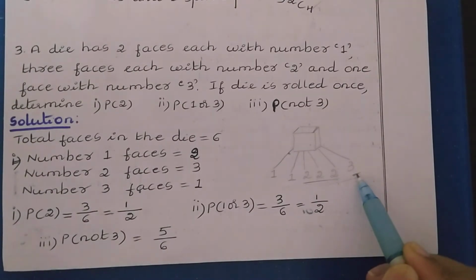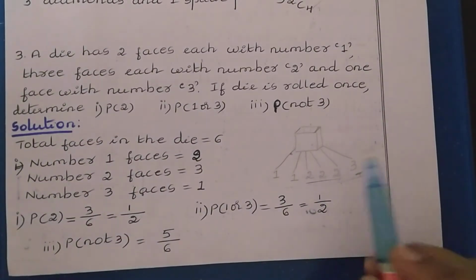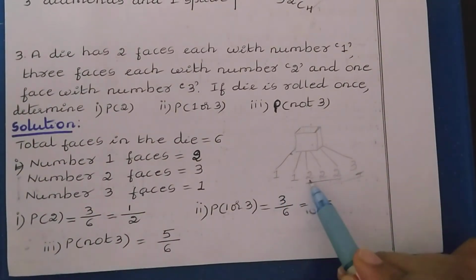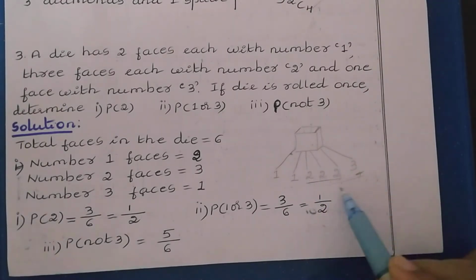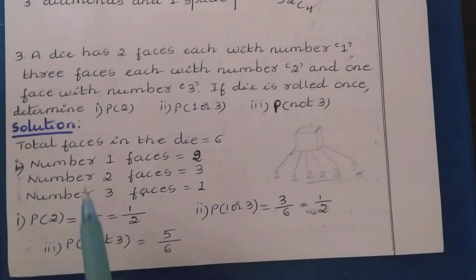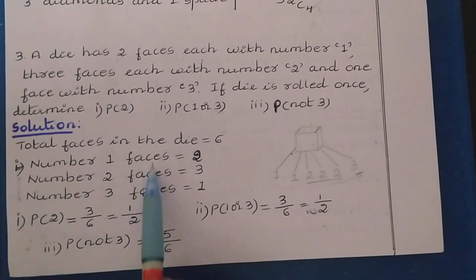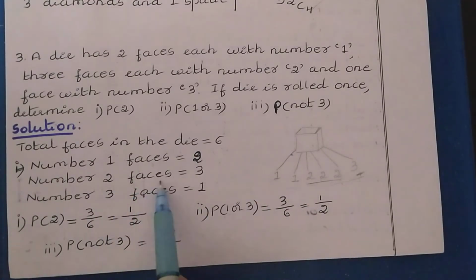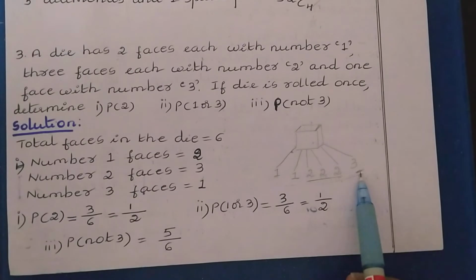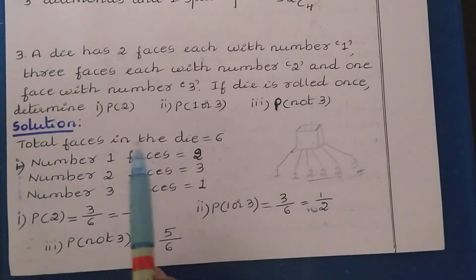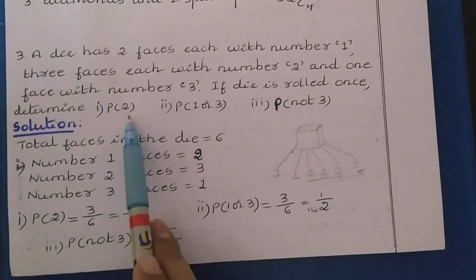So this is the faces of the die, where 2 faces 1, 3 faces 2 and then 1 face with number 3. So when we consider the die experiment, here see totally 1, 2, 3, 4, 5, 6. Here also we have 6 faces. So total faces in the die is equal to 6. Next here, number 1 faces, that is 2. Then number 2 faces 3 and number 3 faces 1. Now first here we need to find the probability of having 2.